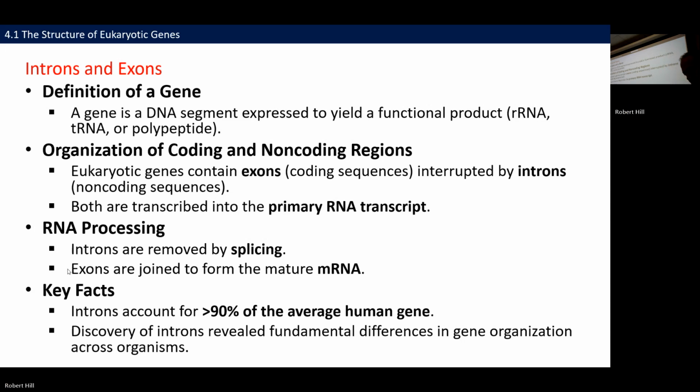Can you repeat that? Which part? Genes contain both introns and exons, right? The mRNA, when it's initially made, contains both introns and exons. And then one of the processing steps is the splicing of it, which is the removal of the introns. Regulatory elements?